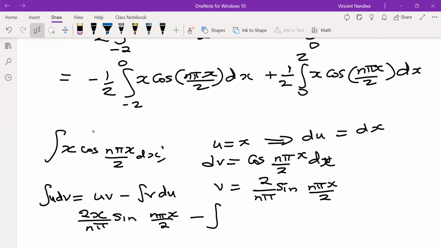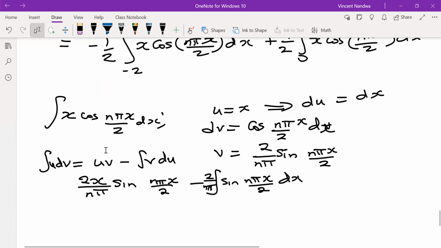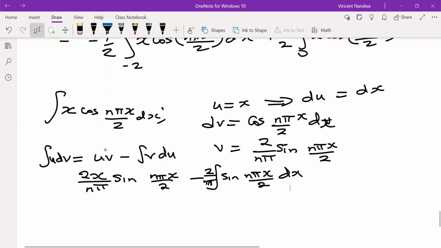minus v du. So for v du, we can factor out this constant 2 over n pi, and then sine of n pi x over 2 dx. But now when you integrate this sine function, you get negative cosine, which will make this one positive, and we multiply by a factor 2 over n pi.